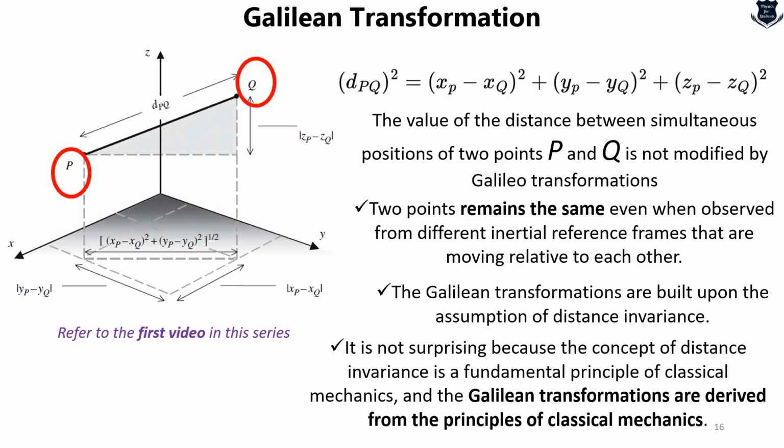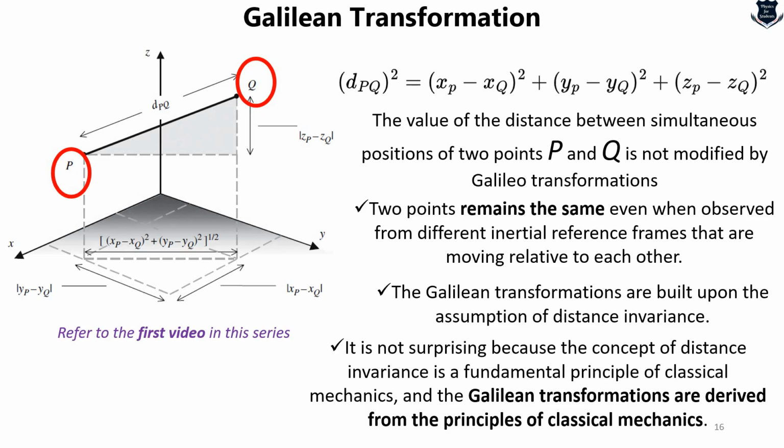So right at the beginning, what I tried to tell you is that the distance between simultaneous points P and Q is not modified by the Galilean transformation, and this invariance cannot surprise you. In a sense, the Galilean transformations are consistent with the idea that the distance between two points is an absolute quantity that does not change with the relative motion of different frames of reference.